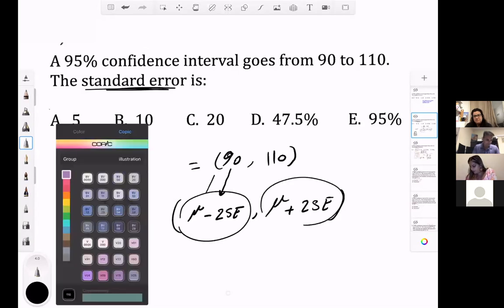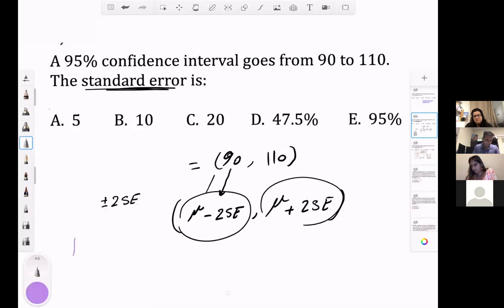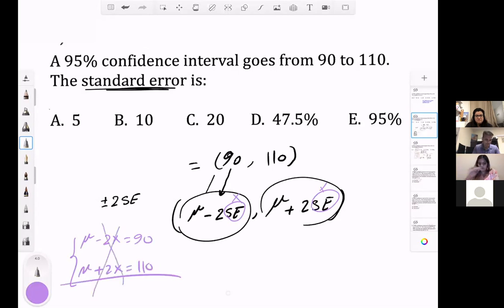If you do algebra, you have 2 equations, 2 unknowns. I'm going to call SE x to make it easier for you guys. Mu minus 2x equal to 90, mu plus 2x equal to 110. I add the 2 equations, the x goes away, I get 2 mu equal to 200, then mu equal to 100. I find the parameter.